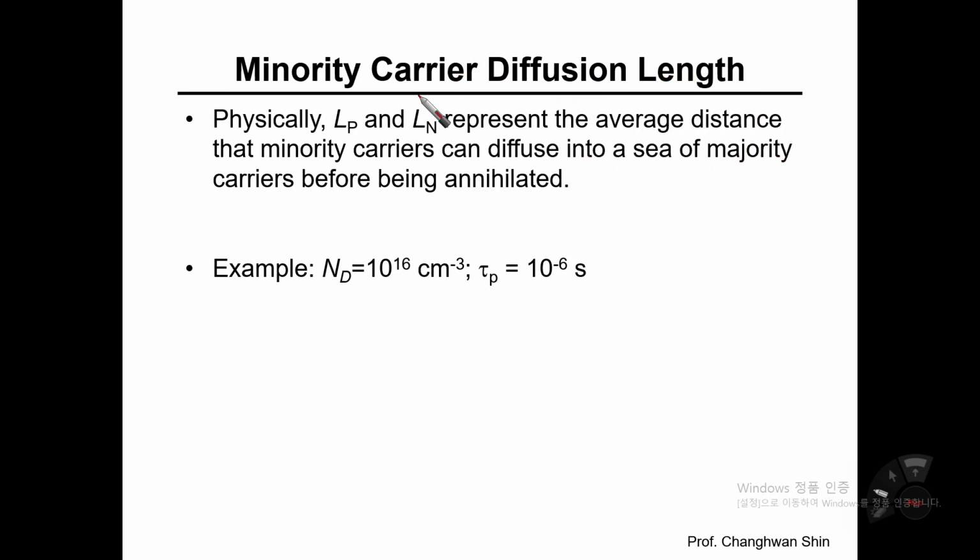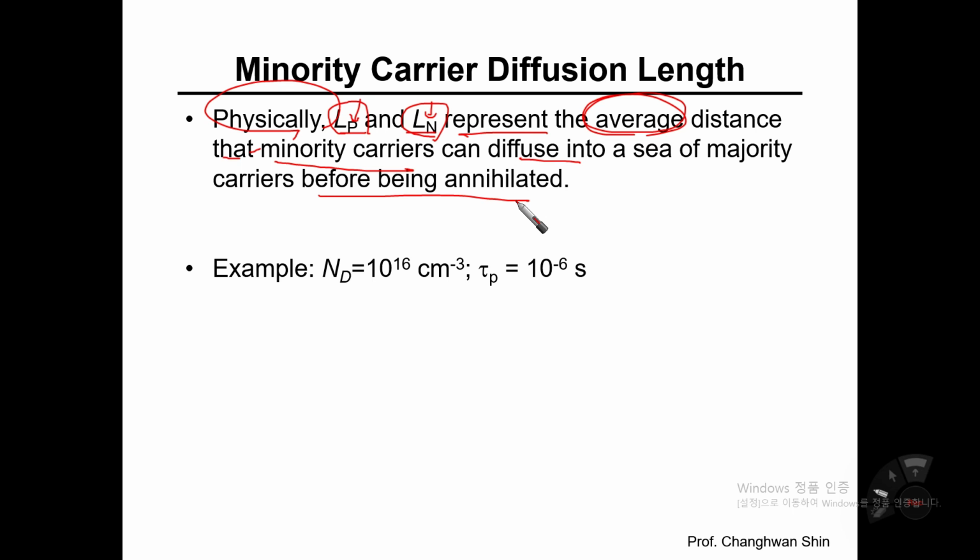Okay, so I have explained some details of minority carrier diffusion length, but here, let me summarize it. Physically, Lp or Ln means a hole in the n-type material, or an electron in p-type material. So what does minority carrier diffusion length indicate? Yes, the average distance, not majority carriers, minority carriers can diffuse into a sea of majority carriers before being annihilated, before being killed.